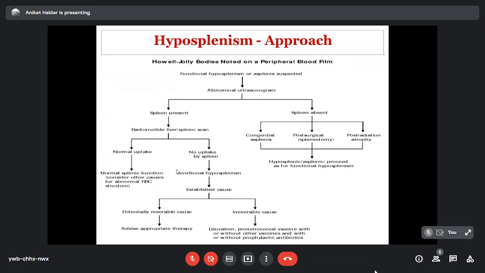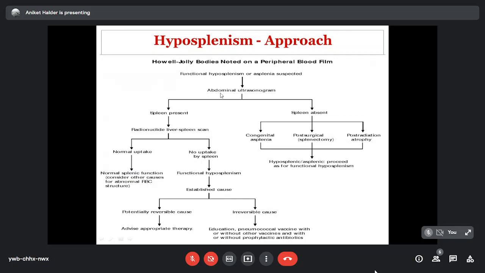So, what should be the primary approach towards hyposplenism? The first indicator of hyposplenism should be the presence of Howell-Jolly bodies if noted in a peripheral blood film. If Howell-Jolly bodies are noted, we have to see whether functional hyposplenism or asplenia is present or not.